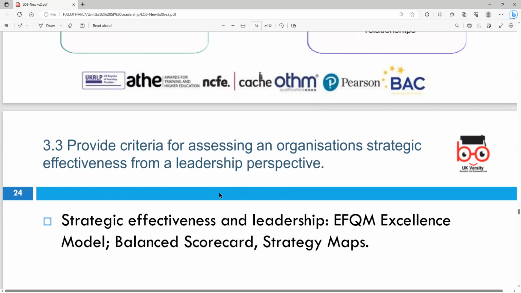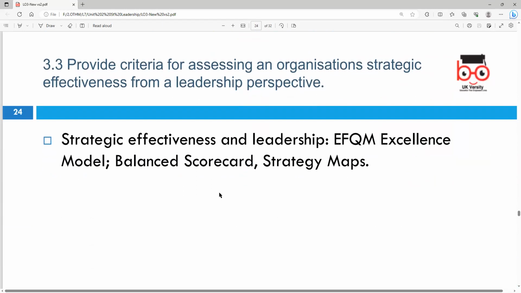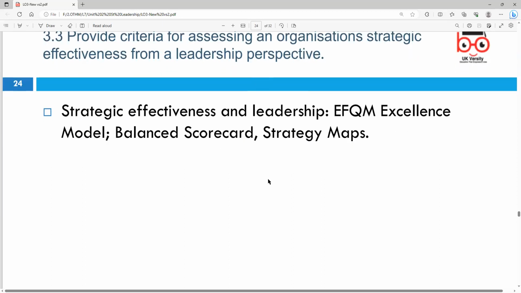Now we can do that by looking at different models. For example, again, we can look at the EFQM excellence model, or balanced scorecard, or strategy maps. So this can be a criteria for assessing an organization's strategic effectiveness.